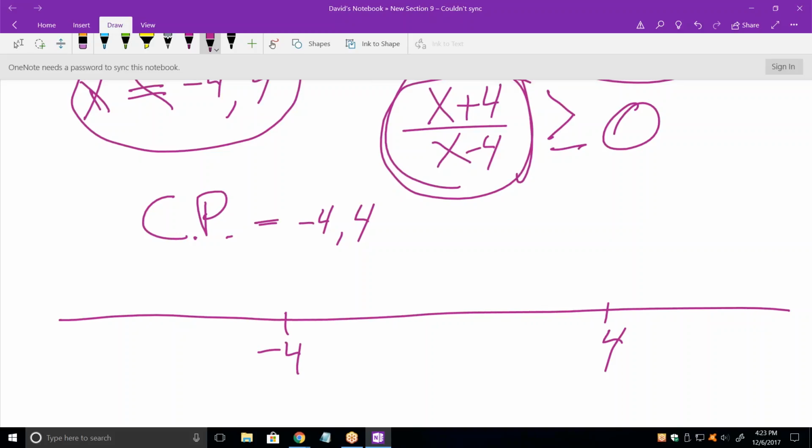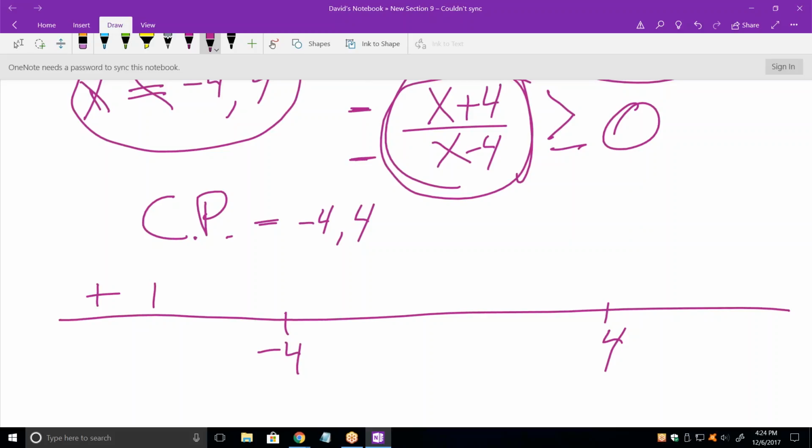Now, pick a point to the left of -4. -6. Okay. Is the numerator positive or negative when x is -6? Negative. The denominator positive or negative? Negative. Therefore, their quotient is positive.